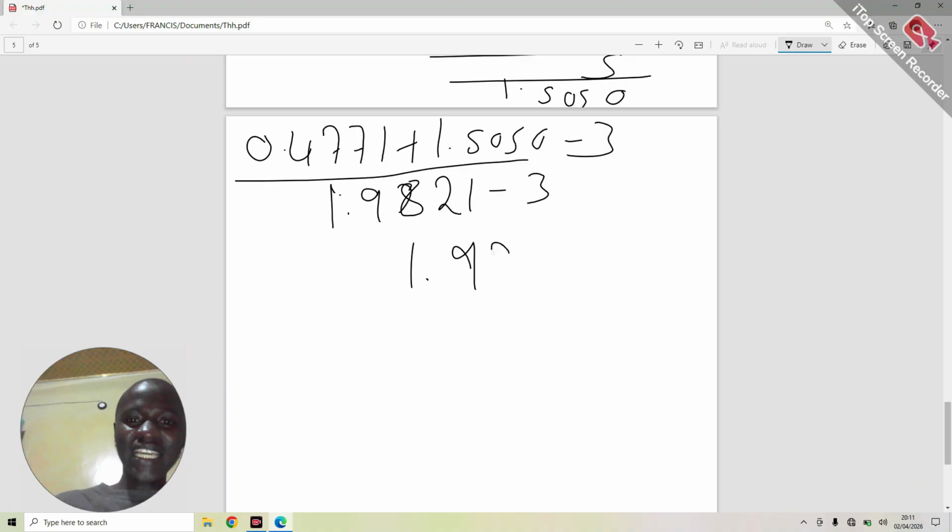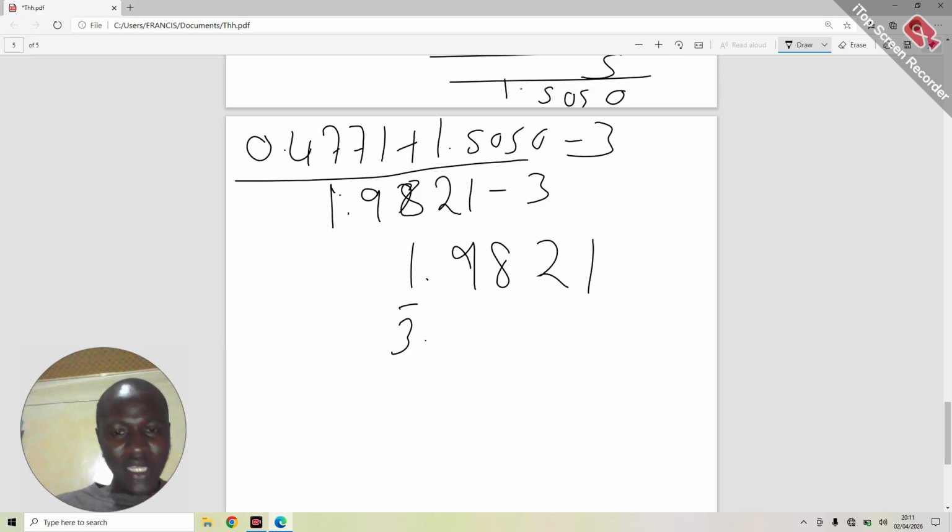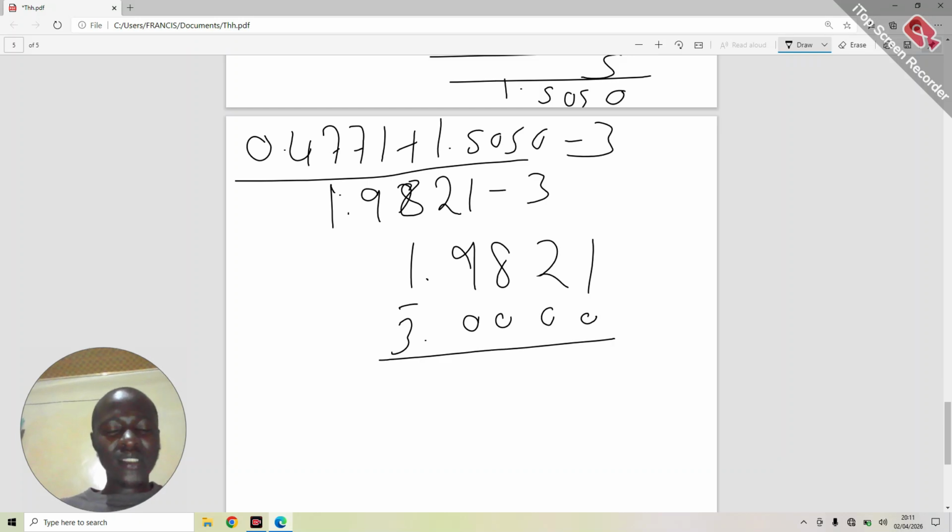Now, the minus here is not a minus symbol, though it symbolizes minus, but it's always written as bar 3. When you're dealing with logs, the bar always indicates the subtraction symbol. But if it is just 3 alone, then it is an addition. Don't worry more.